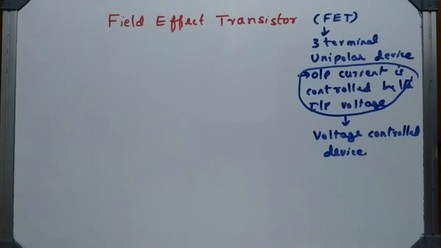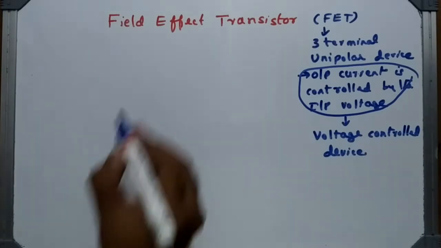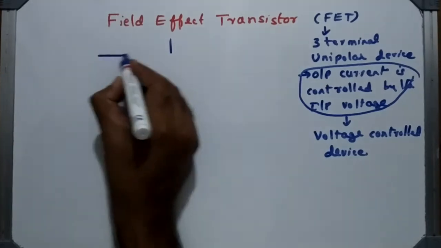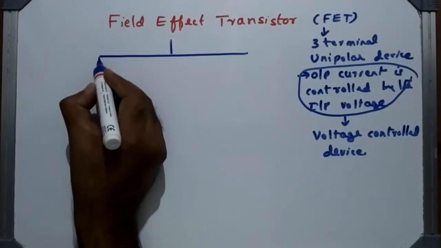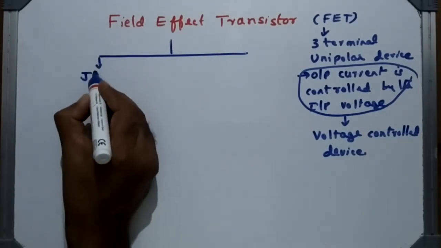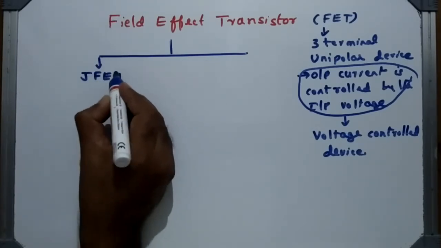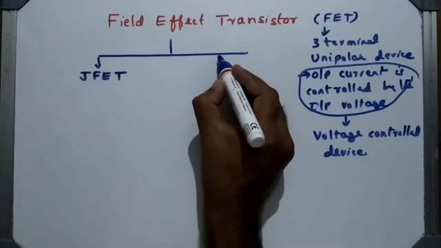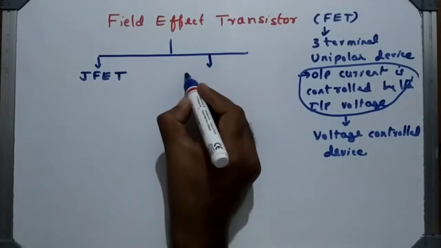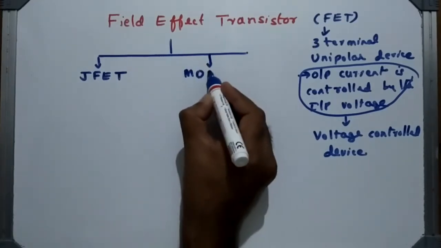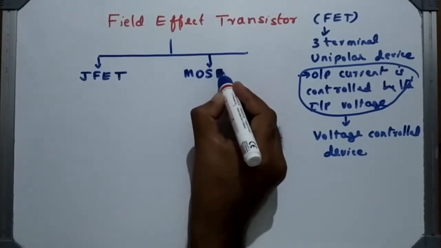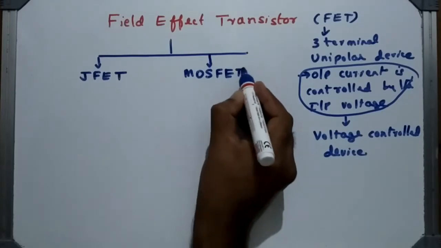Now, there are two types of FETs. One is called junction field effect transistor, or JFET, and the second one is called metal oxide semiconductor field effect transistor, or MOSFET.